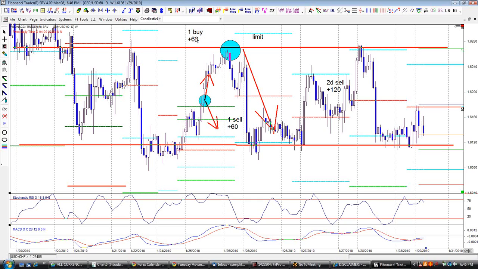Now, if this trade worked out, we end up with 60 pips to the top, 60 pips to the bottom, plus 120 pips to the bottom again. So we made 240 pips. If we wait to the top and we enter, we'll make only 120. So what we did was double the profit.